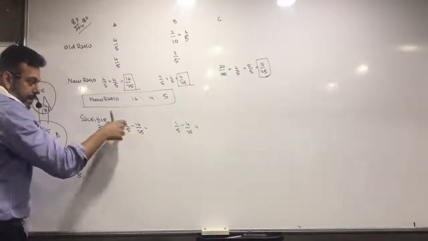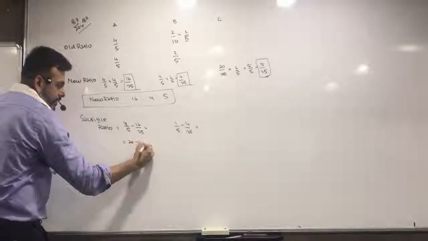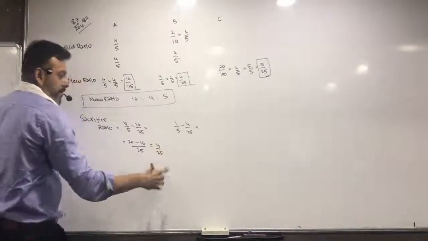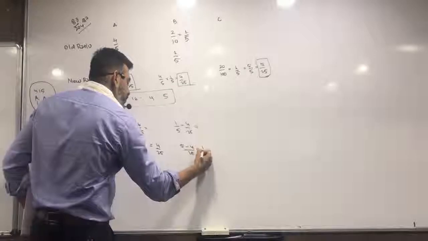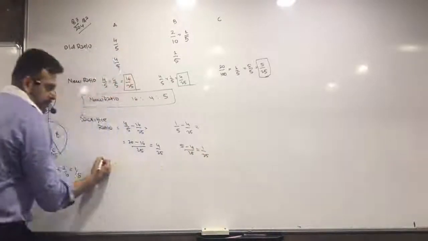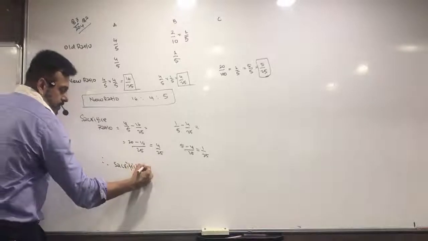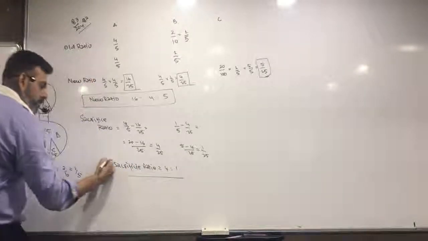So multiplying 25 over here, 5 5s are 25, 5 4s are 20 minus 16 upon 25, which is equal to 4 by 25. 5 5s are 25, 5 minus 4 by 25, 1 by 25. Therefore, sacrifice ratio is equal to 4 is to 1.